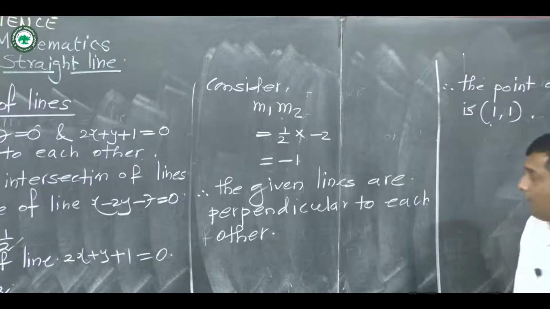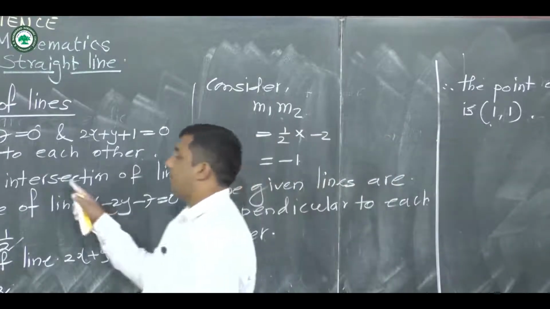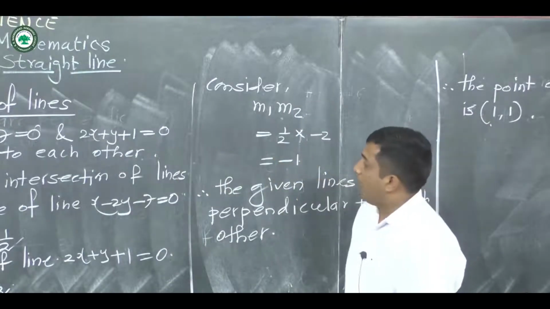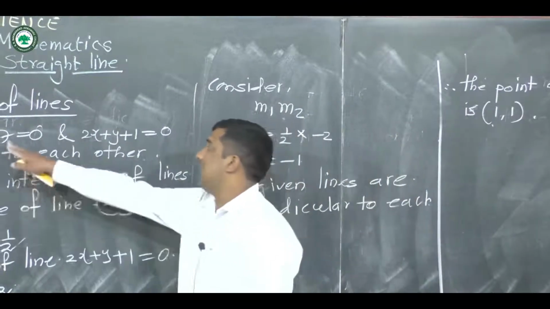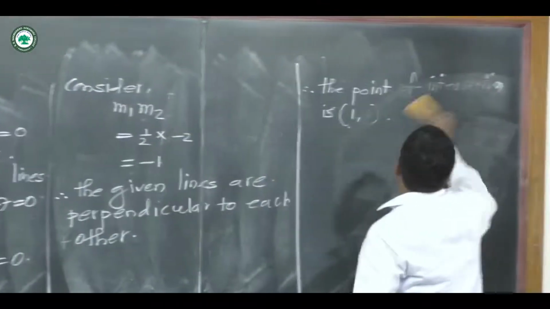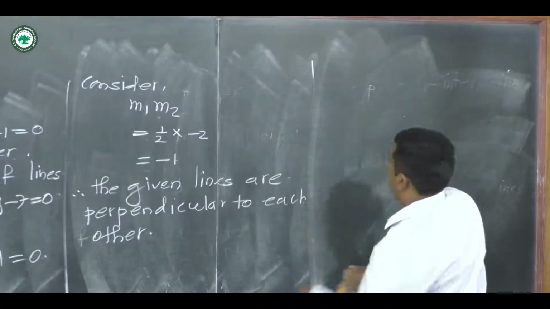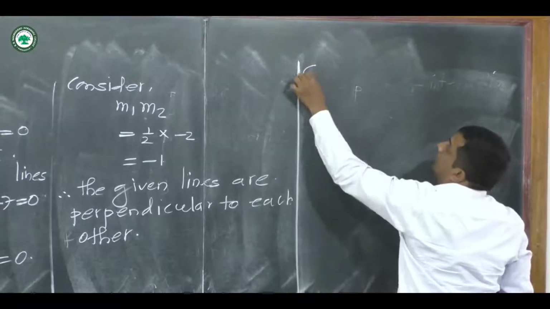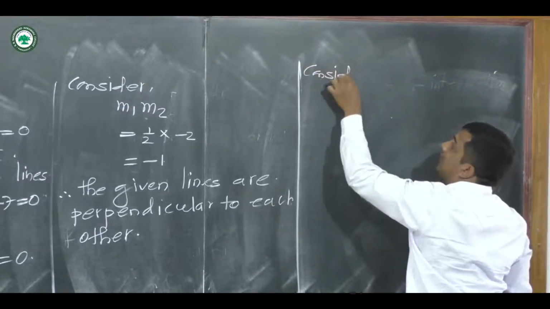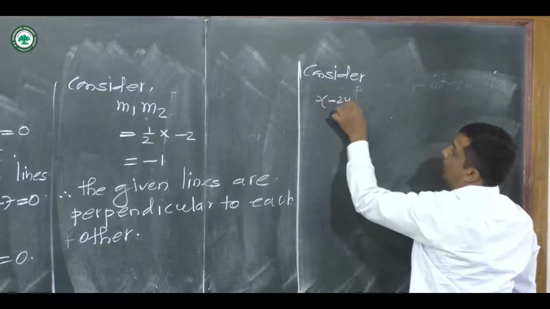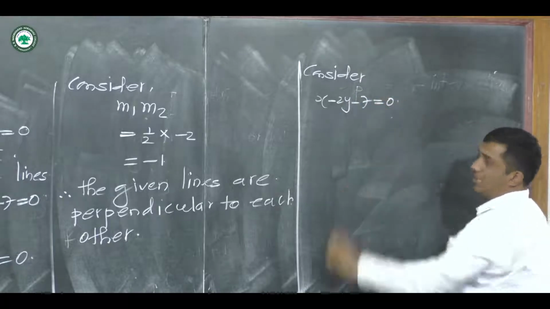Now we have to find the point of intersection of the lines, and to find it we have to solve these two equations. Consider the first equation, x minus 2y minus 7 is equal to 0.